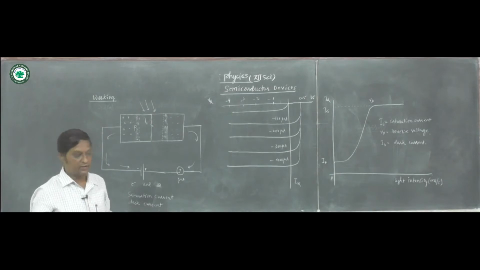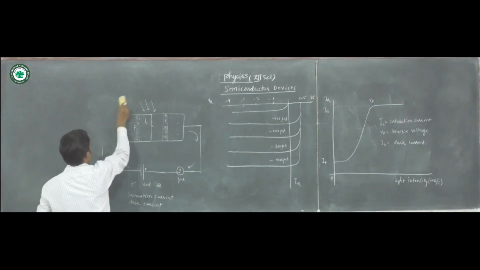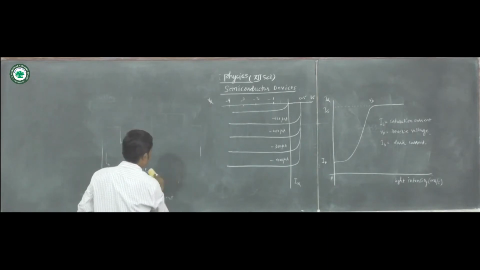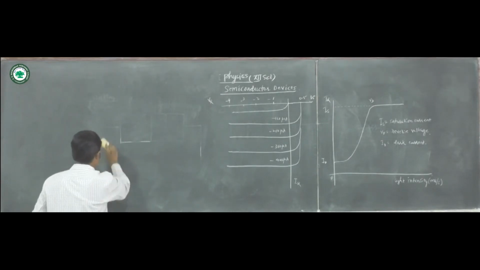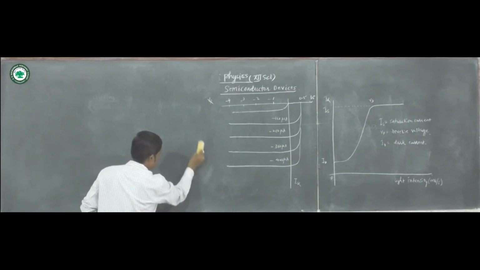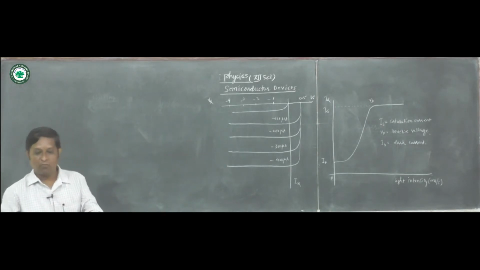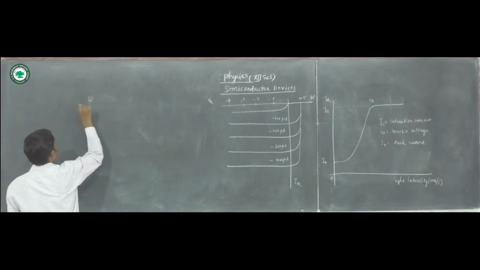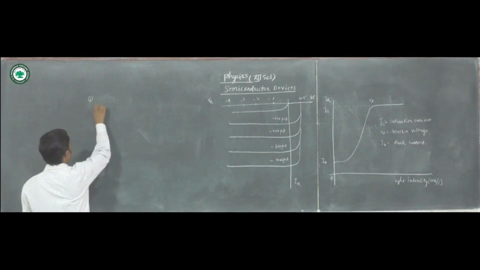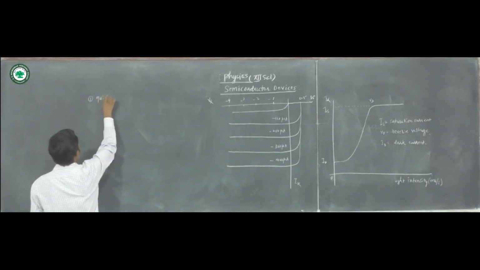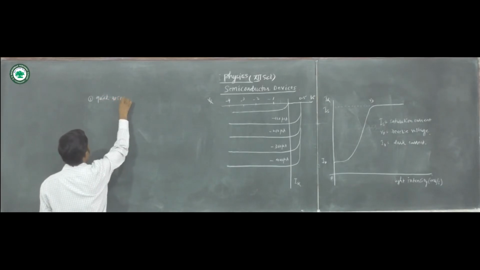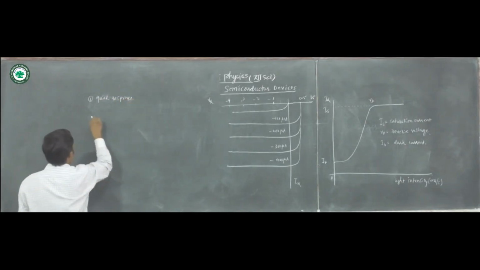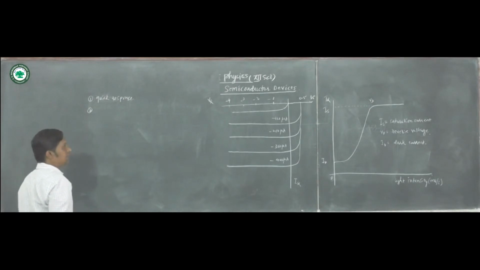Let us see the advantages of this photodiode. The advantages of the photodiode are what? This gives a quick response to the light intensity, and this response is linear.